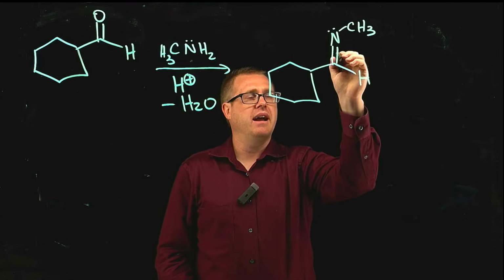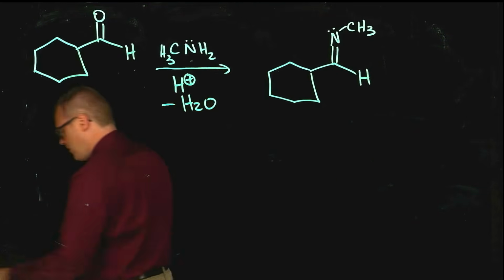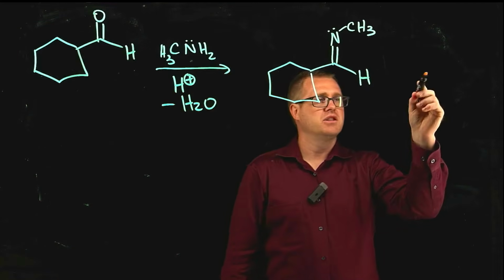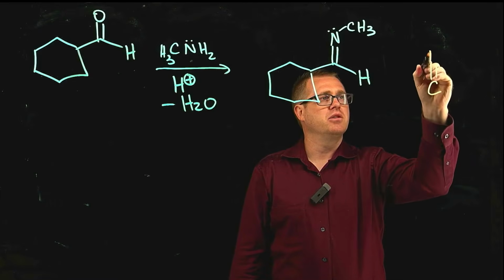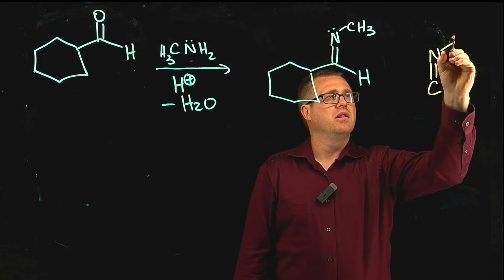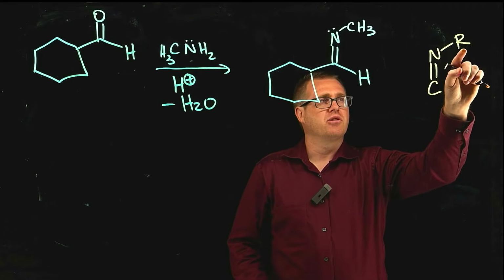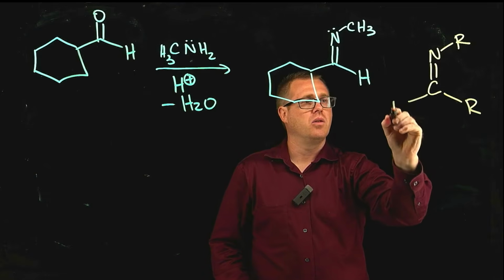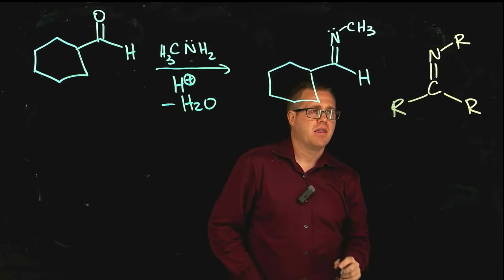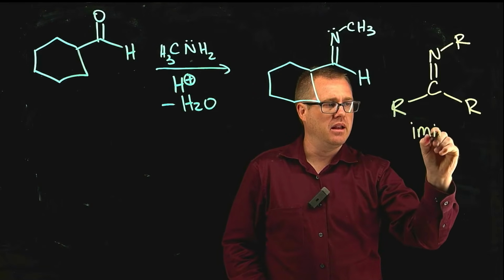This species, where you have the generic form, would be a carbon atom double bonded to a nitrogen, and that nitrogen has an alkyl group attached to it, R. That is the generic form of an imine.